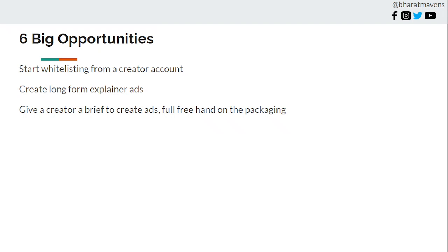If it's a good creator and has built a good following organically, they actually understand the nuances which are often missed by the brand side. Hence, give them full freehand in the packaging and you will see that they create better video ads which convert well. We have seen this across campaigns and across niches.